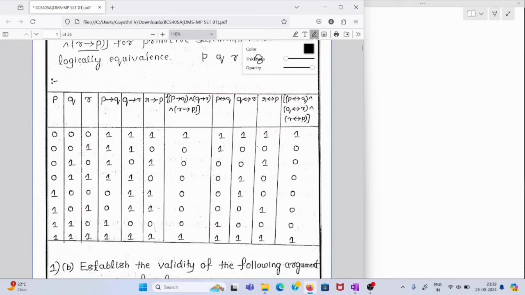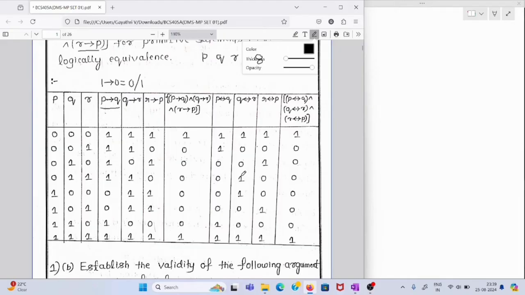Now let us take the first proposition, P conditional Q. P conditional Q means if I have 1 conditional 0, then this value will be 0. Otherwise, all the values will be 1.